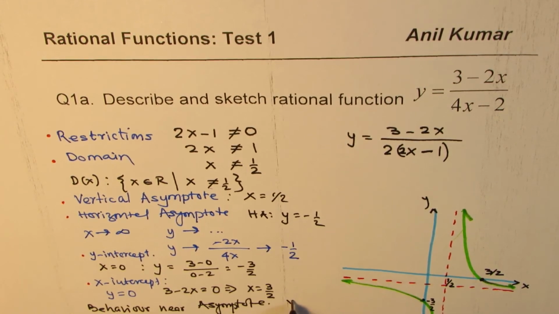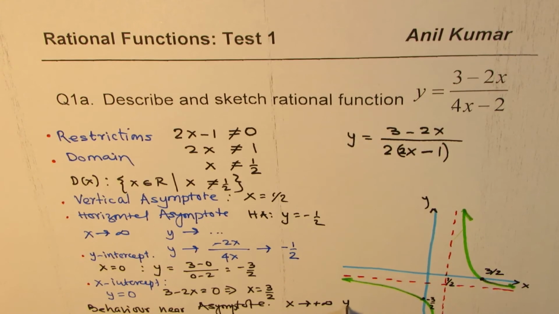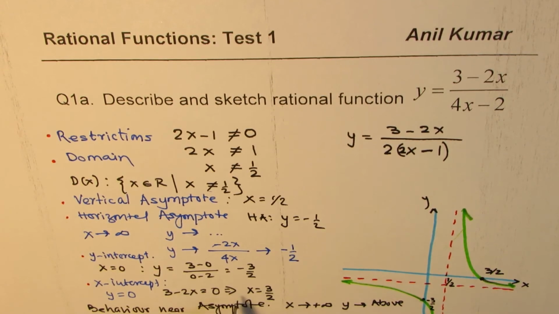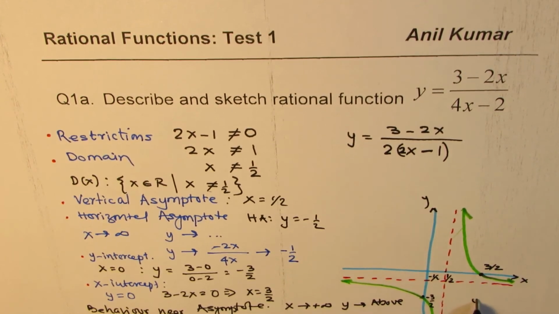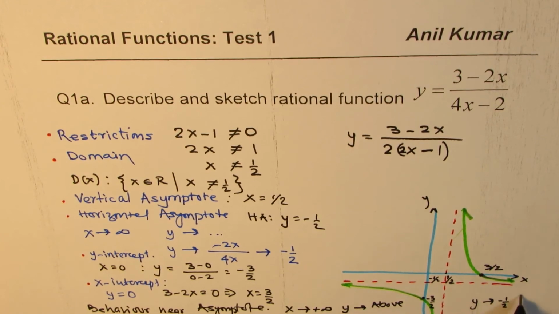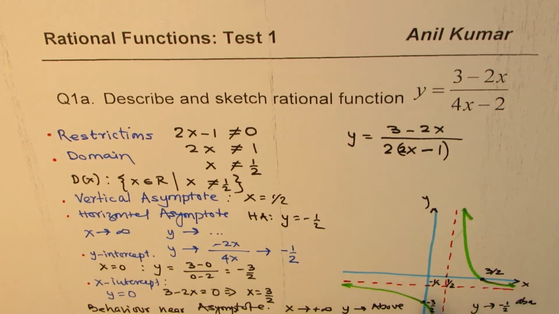So the behavior is when x approaches positive infinity, then y is approaching from above. Do you see? y is approaching from above this value of minus half. Do you get an idea, right? So we say y approaches minus half from above, right? That is the end behavior.